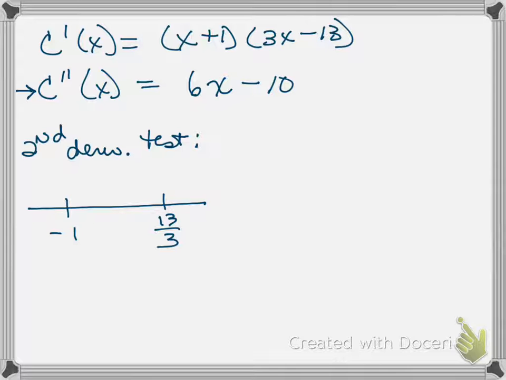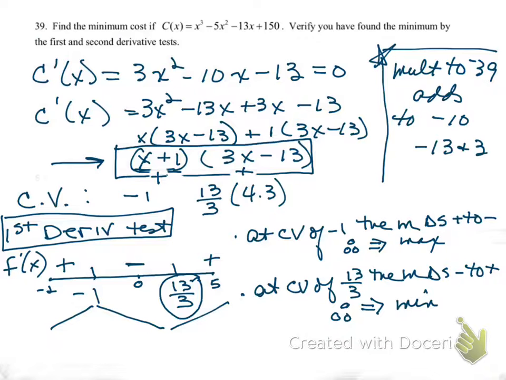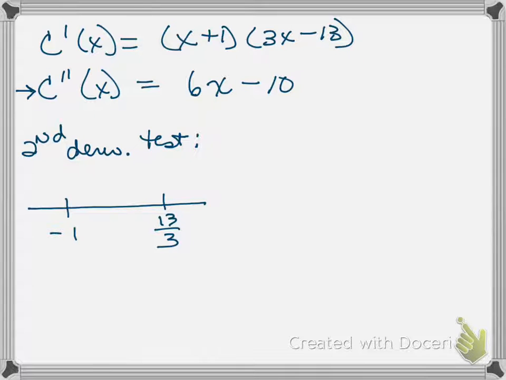When I did a first derivative test, which I did back here, I tested on either side of the critical values. Now doing a second derivative test, I don't do that. I instead test right on top of these critical values. Take your -1 and plug it into your second derivative.